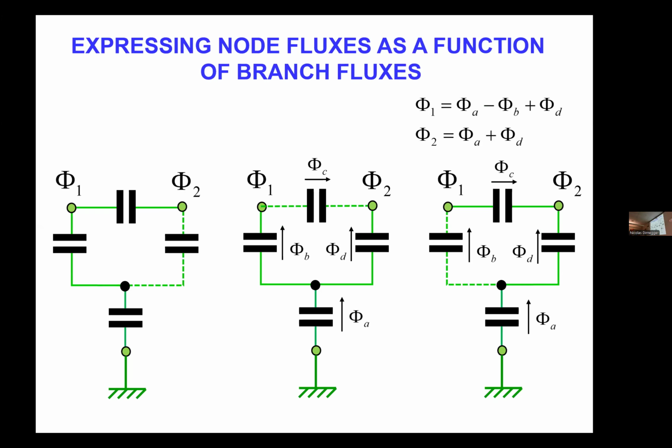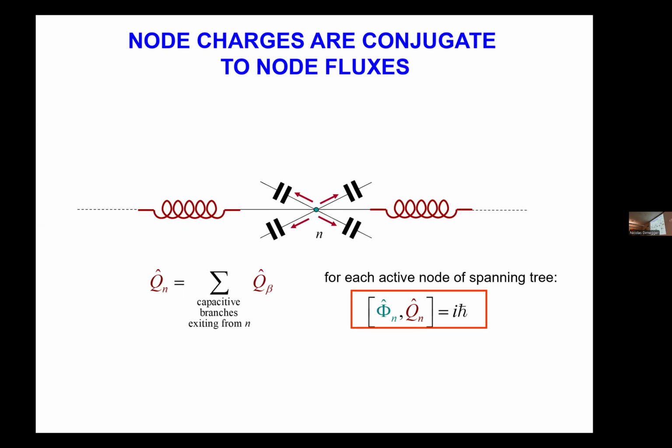It's phi A minus phi B. Sorry, I made a mistake here. Sorry, this should be plus phi D here. Sorry, no, there's obviously a mistake in this algebra. It's phi A plus phi D minus phi C. I'm sorry. Anyway, I have defined the node fluxes.